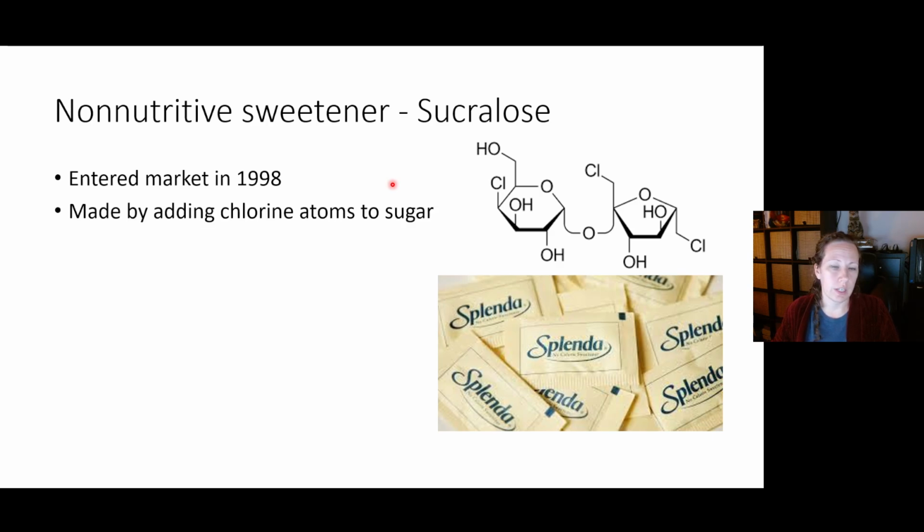And it's interesting because it's actually made from sugar. So this is a glucose molecule and this is a fructose molecule. So this is sucrose. And what they've done is they've taken 3 of the hydroxyl groups, 1, 2, 3, and replaced them with chlorine atoms.